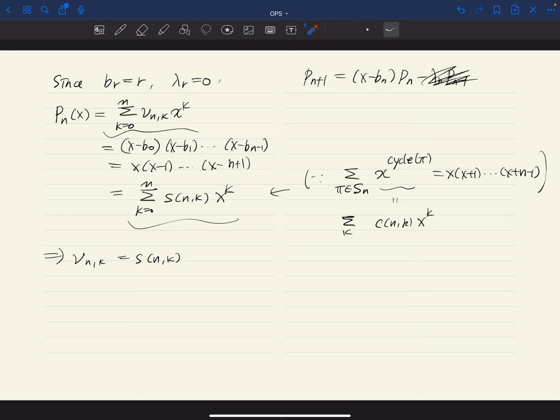And if you replace x by minus x, and multiply both sides by minus 1 to the n, then we know that this is equivalent to this. So that's why it's true. So we have an identity like this. That's the proof of the proposition.